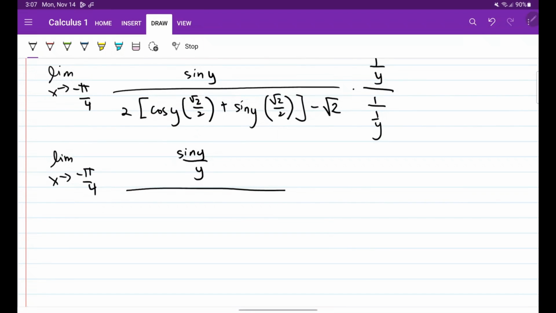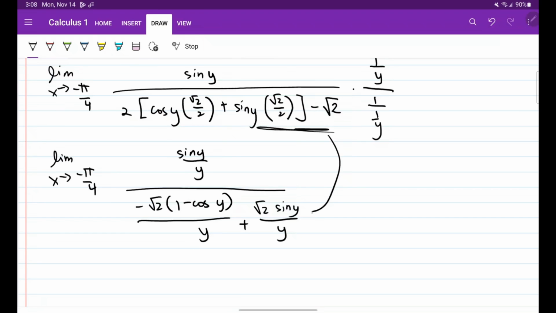Okay? Simplify natin to. So, this would become negative square root of 2, 1 minus cosine y all over y plus square root of 2 sin y all over y. Tama? So, sinimplify lang natin itong denominator na to papunta dito.